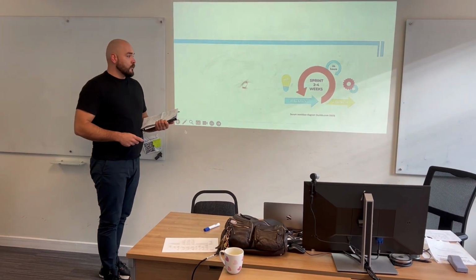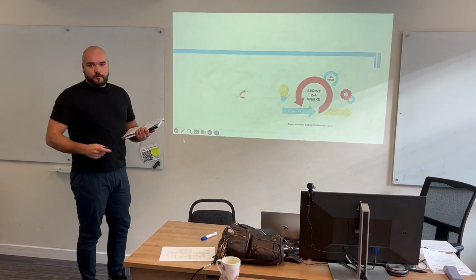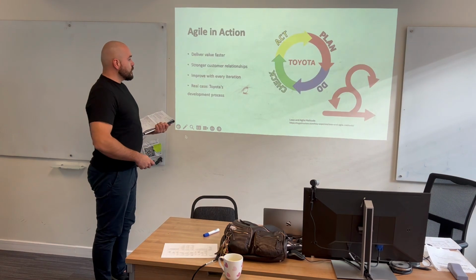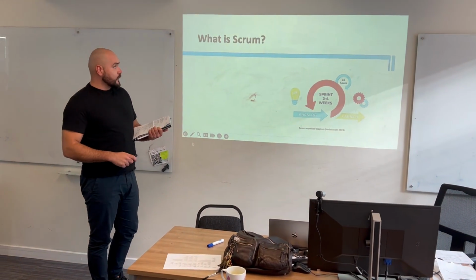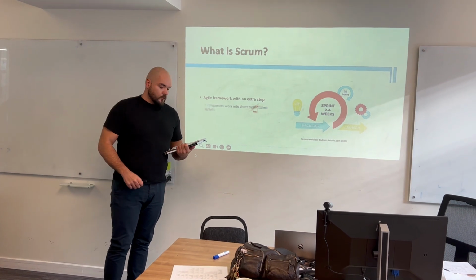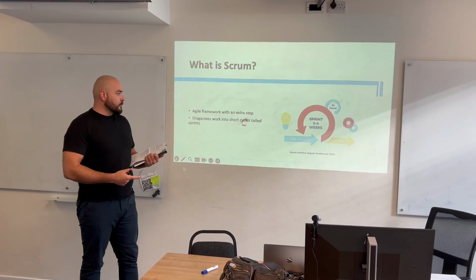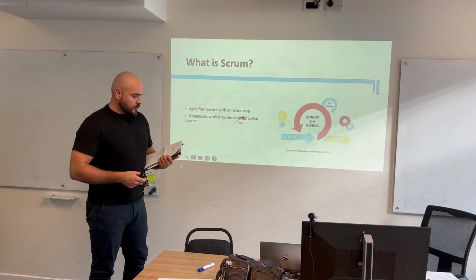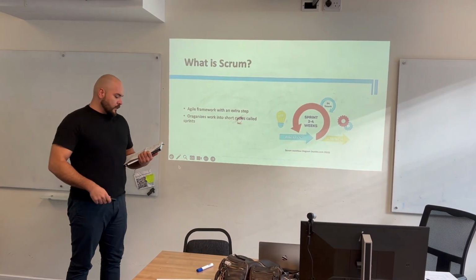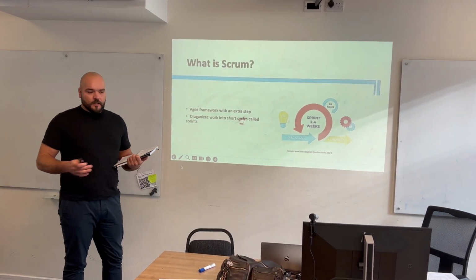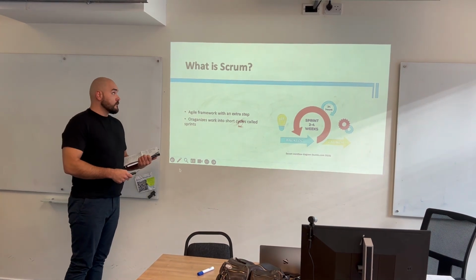I will talk more about the Agile framework. So, what is Scrum? As I said before, it's an Agile framework. It has three roles: product owner, team, and Scrum Master. It has artifacts like the backlog and Scrum increment, and ceremonies like daily stand-ups and retrospective.